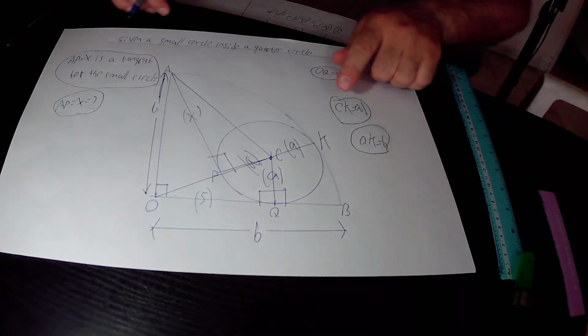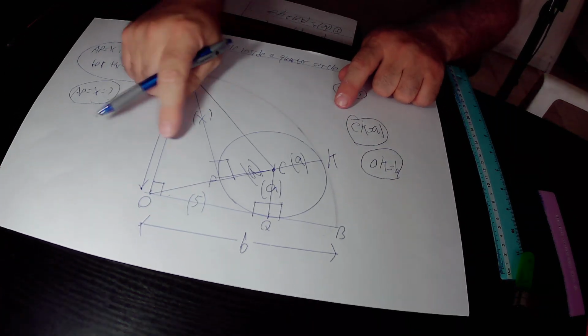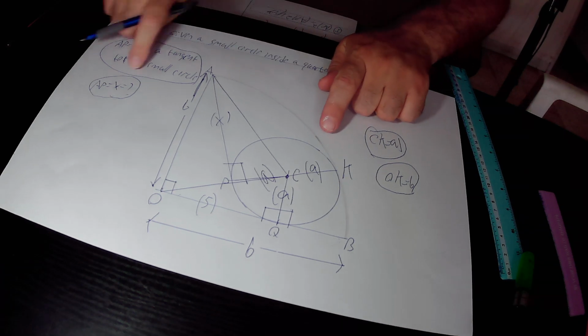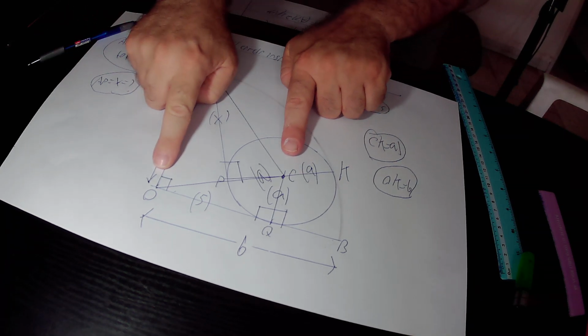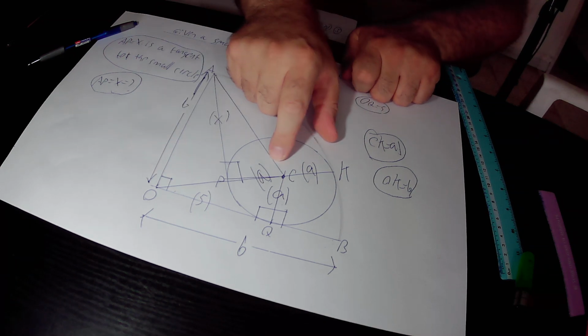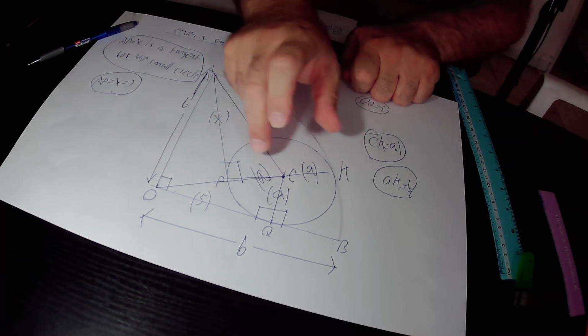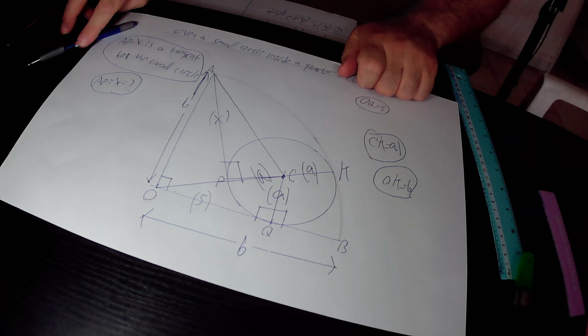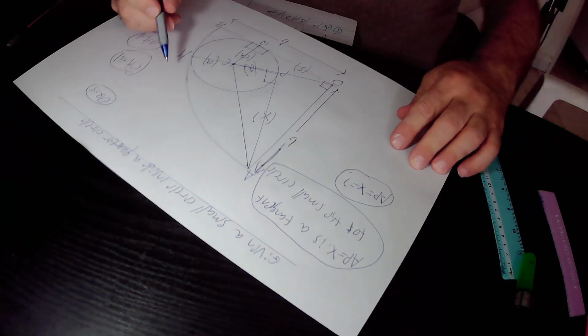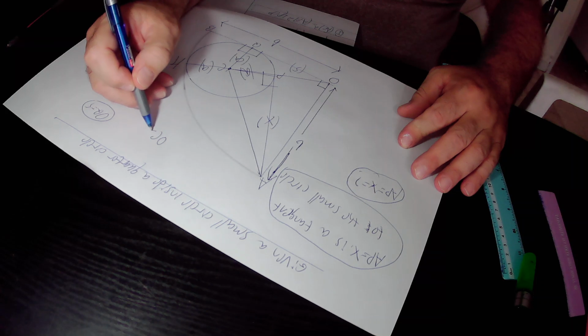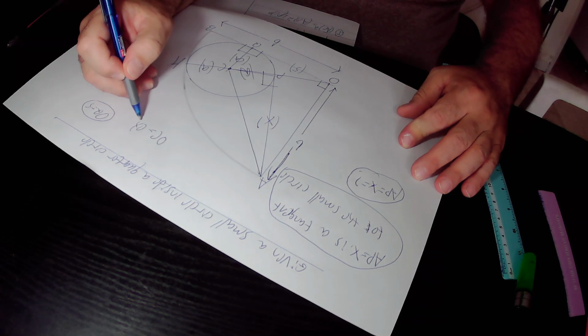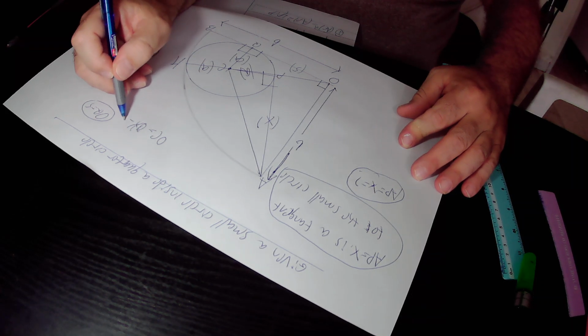So we found out that CK equals A and OK equals B. What is the length of line segment OC? From the drawing it is very easy to see that OC in total equals OK minus CK. So I'll write it down. OC equals OK minus CK.